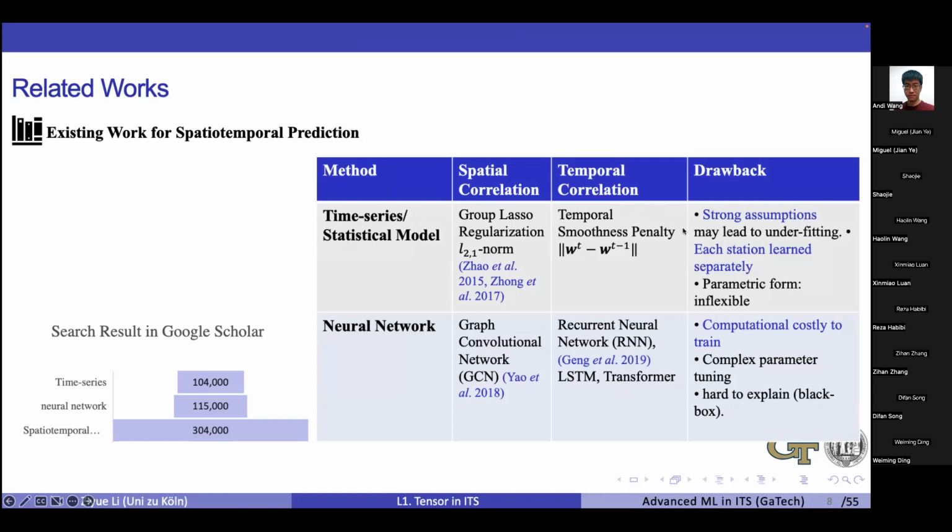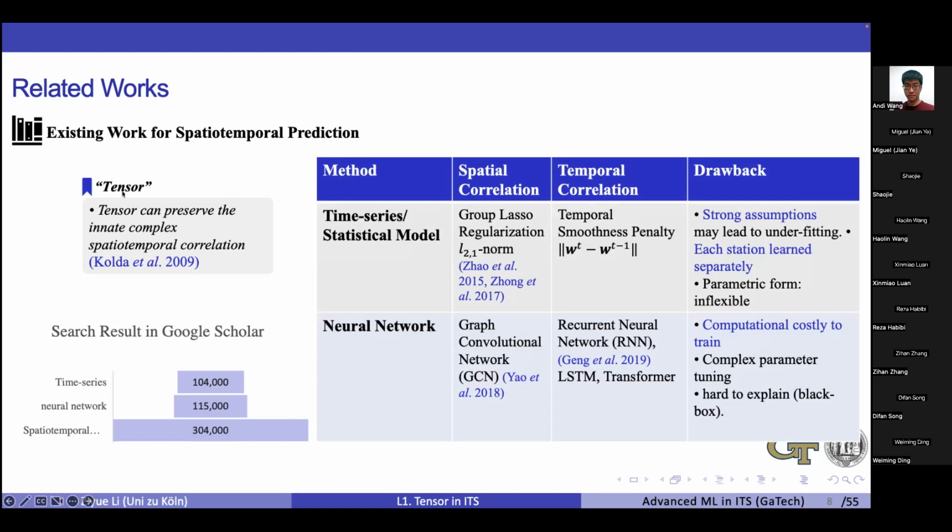And the time series model has a big disadvantage: if we have 100 stations, then we need to train 100 different time series models separately. That can also be not efficient. So the concept of the tensor comes in, which is known for preserving the innate complex spatial temporal correlations.